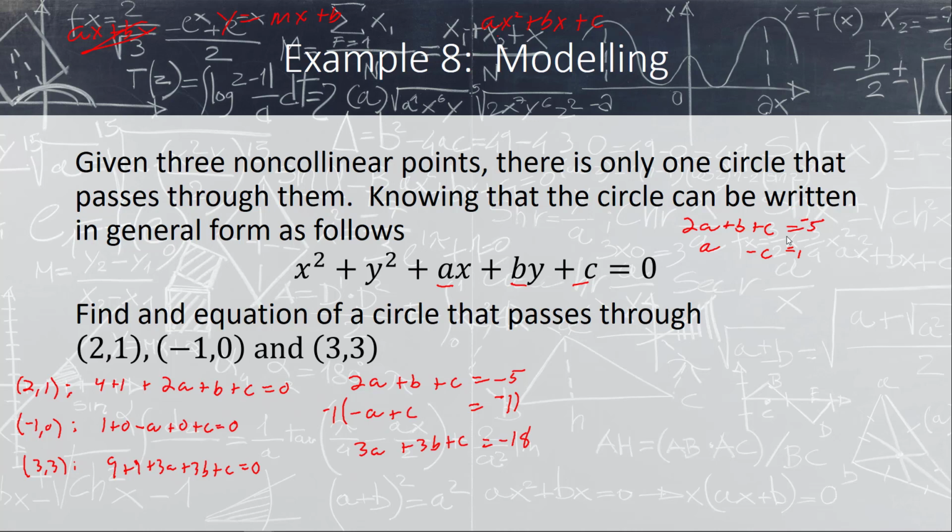And this should be a -5. When I add these up, the c's cancel, and I will have that 3a plus b is equal to -4.